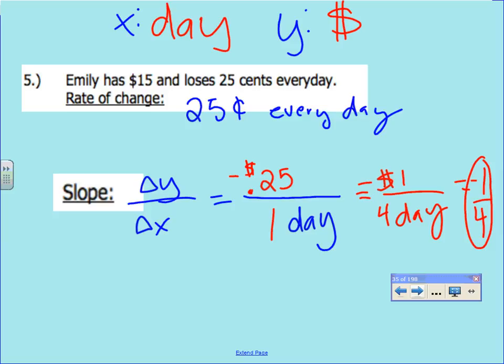So make sure you guys label what X and Y are. Okay, I just want you to try to label what X and Y are. You're doing a good job there, but also label what X and Y are.